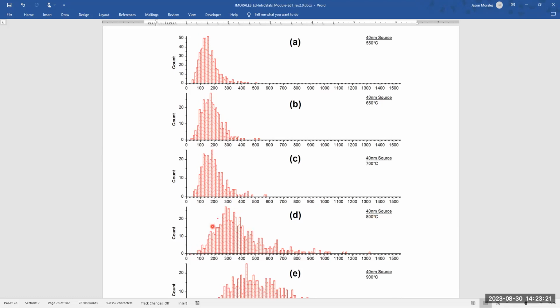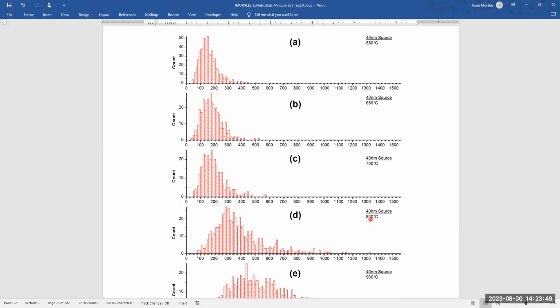The grains that didn't grow started growing at this temperature. So you can see this histogram, the peak of the histogram is not only moving to the right, moving towards larger grain sizes, but you'll notice that the width of the histogram is also getting wider. Here it's rather narrow, rather narrow, rather narrow, but here this is significantly wider.